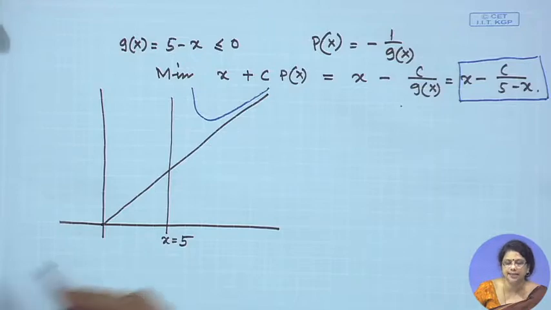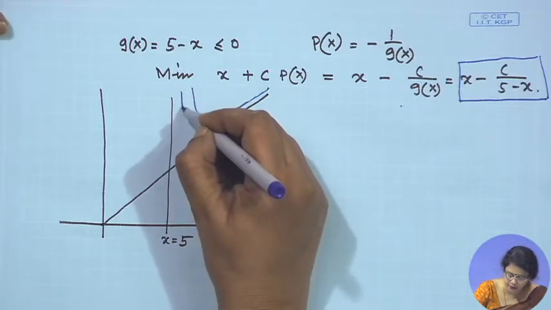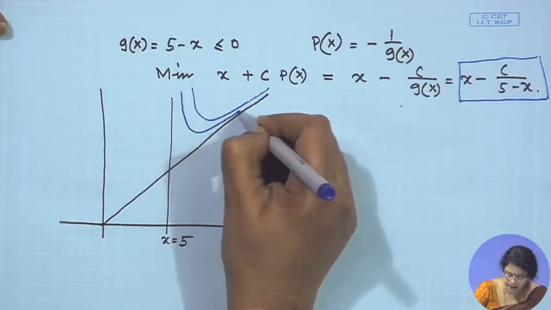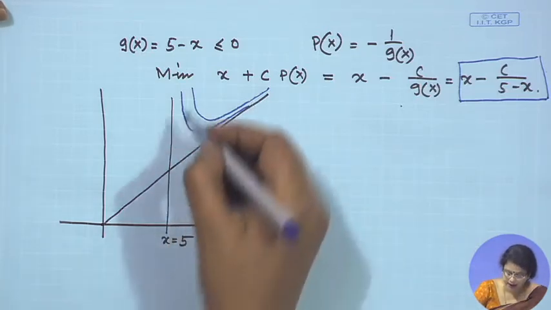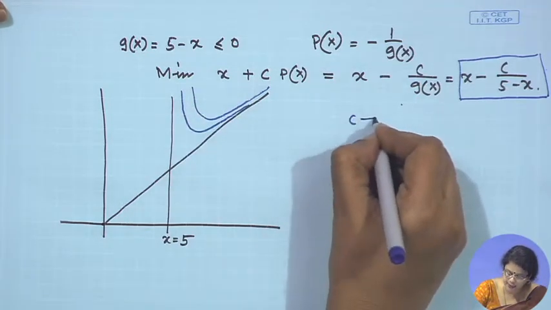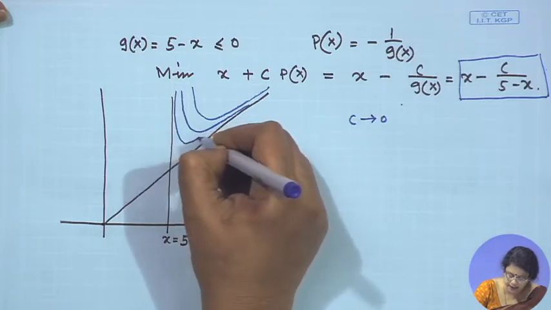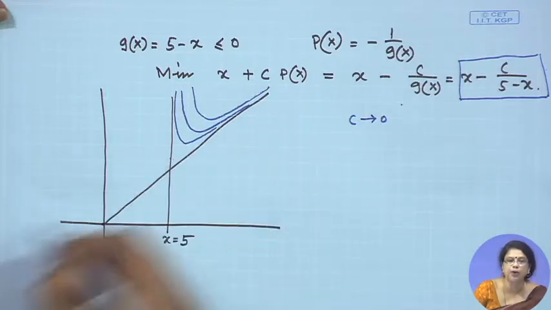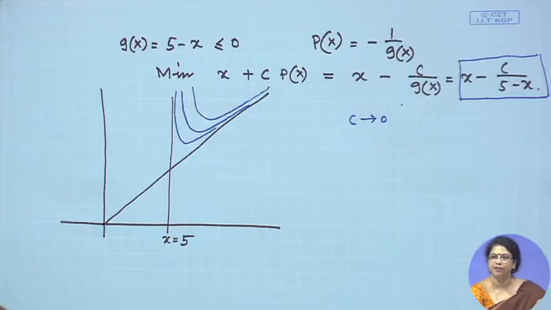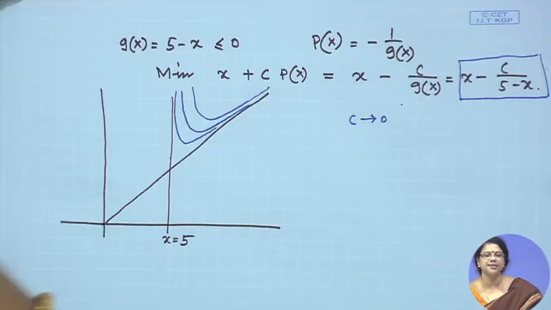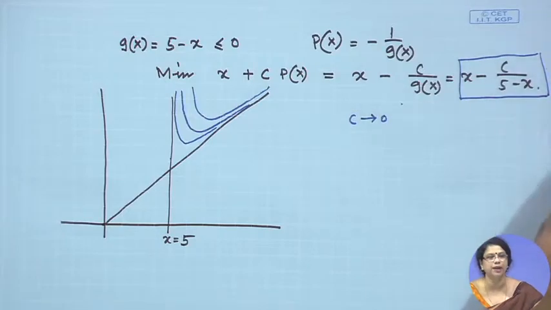For c equal to 10, the function will be like this. And if the value of c is going to 0, the minimum will approach the value x equal to 5. Okay. This is another way we can consider the penalty function.